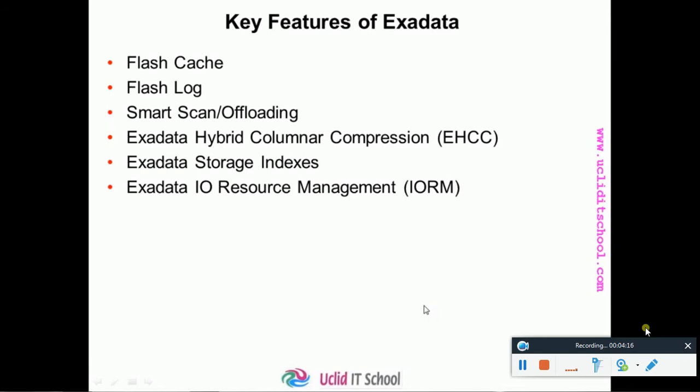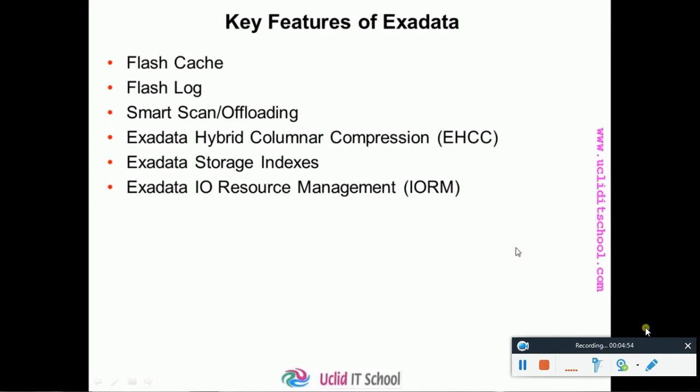On non-Exadata platforms, you cannot use HCC. Effectively, you can use it only on Exadata and some other storage, like Oracle's Pillar Axiom storage. On that also HCC is available. Oracle has the FS1 storage server. On that also you can use it. Just wait for one more session. Tomorrow we'll talk about HCC.